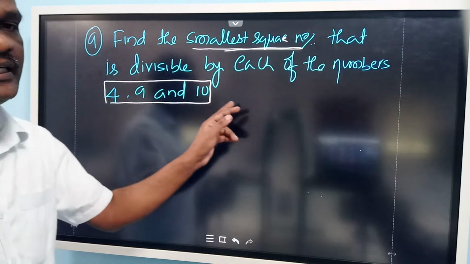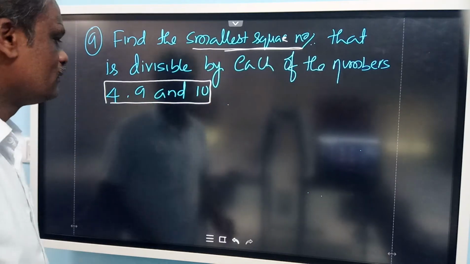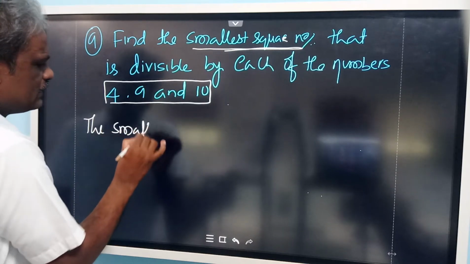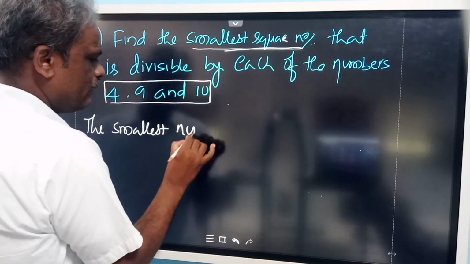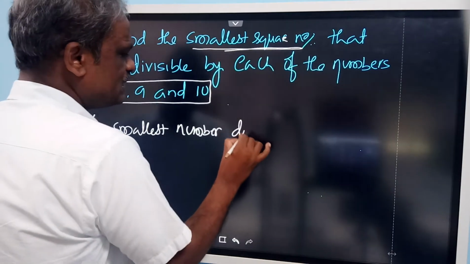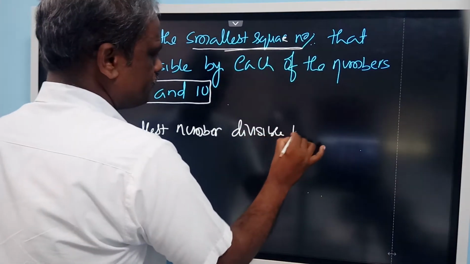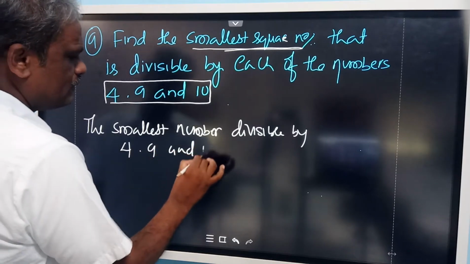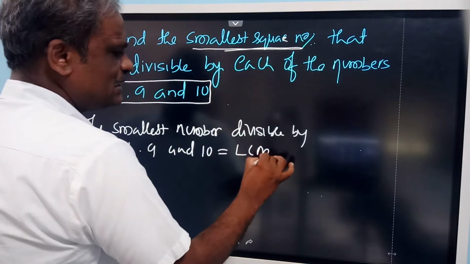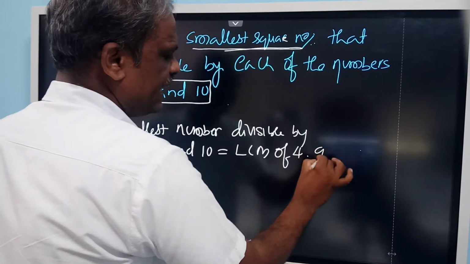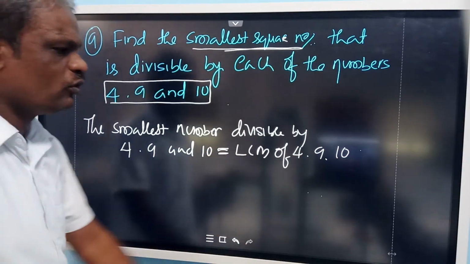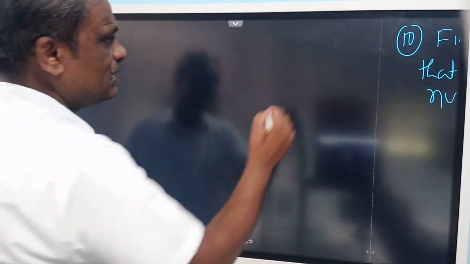First you find the smallest number divisible by 4, 9 and 10, which is the LCM of 4, 9 and 10. Let us find out the LCM.